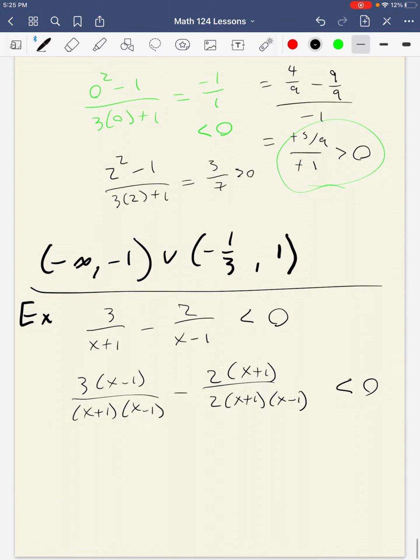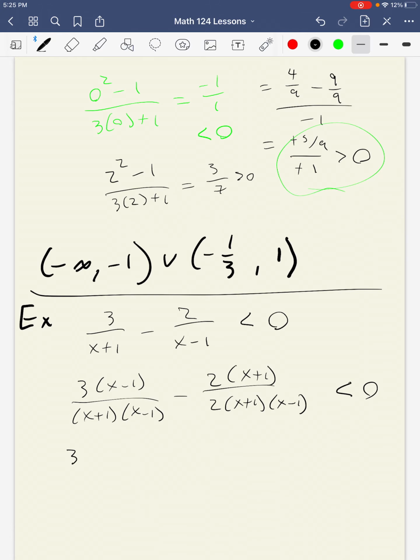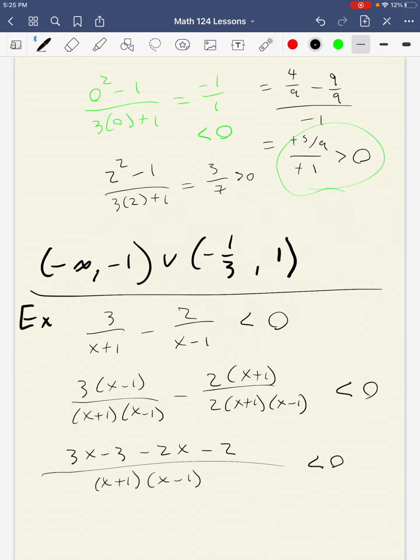And then we have the following. 3x minus 3 minus 2x minus 2, all over x plus 1 times x minus 1, less than 0.